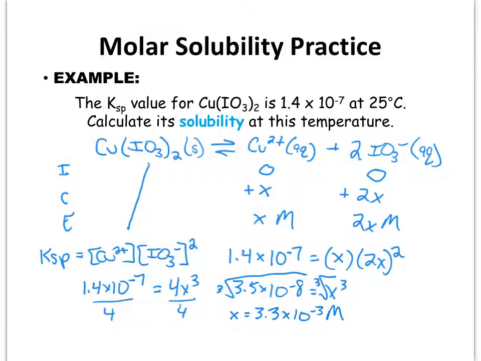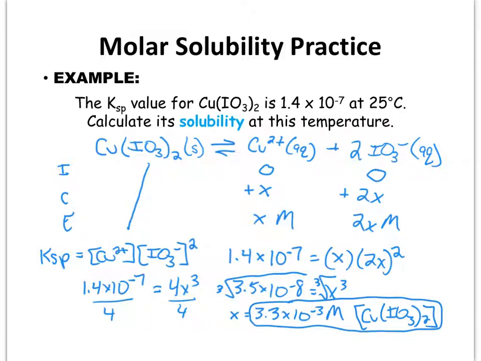So this value is the concentration of my Cu(IO3)2; this is my molar solubility. This would also be the concentration of my Cu2+ because that's x, but 2 times this value would be the concentration of my IO3-. So that's how you go about solving a molar solubility type problem using ICE tables and equilibrium concepts.